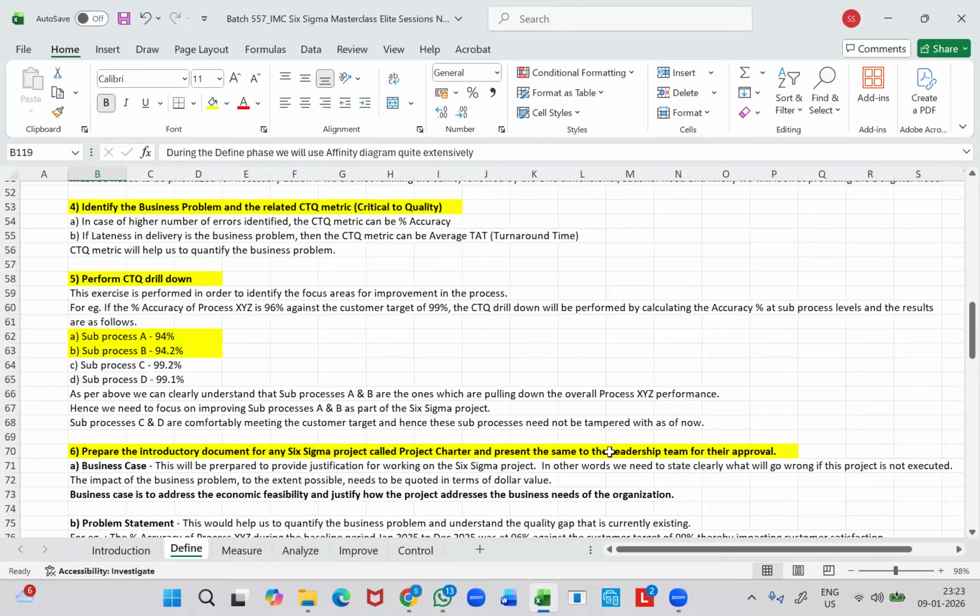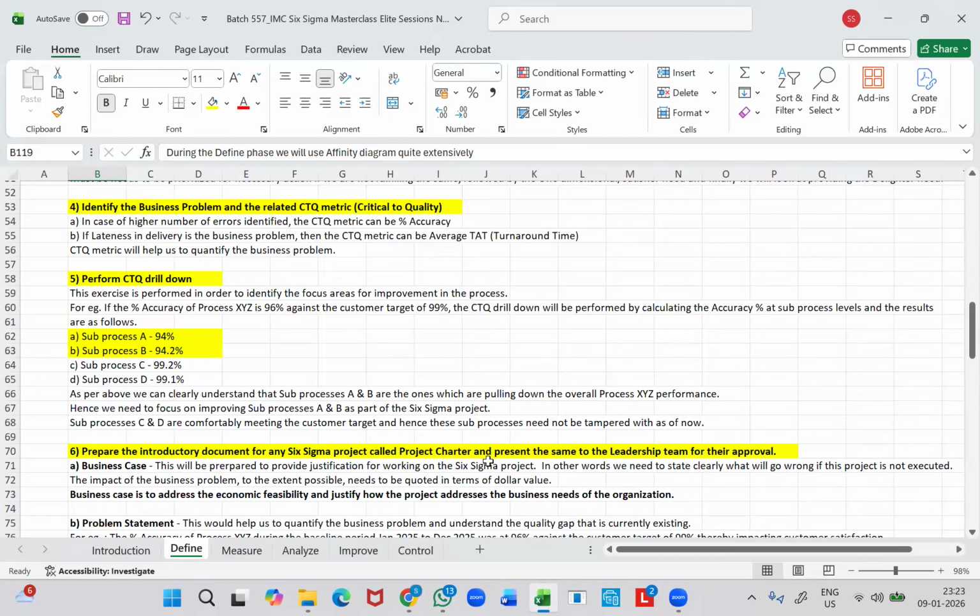I will be sharing the sample project document along with the documentation template. Anyway, we will have a discussion on the project exercise on the 10th day. I will show you the project charter and how it can be prepared, and it will be sent to you. So you can also look at it leisurely and get an idea as to how to frame all these elements in the project charter.